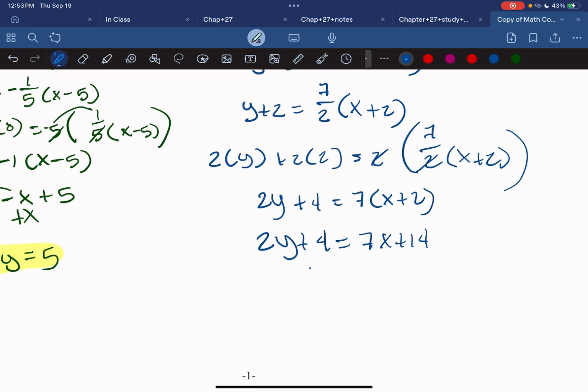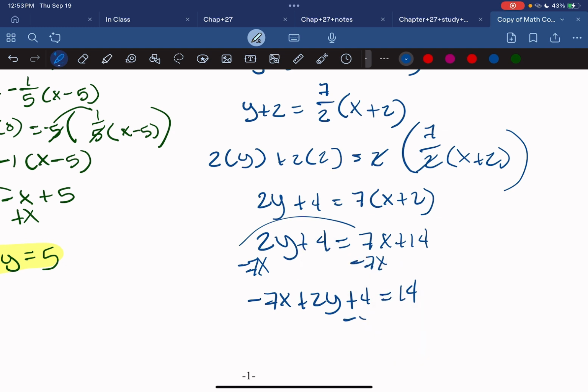It's asking for standard form. We can subtract the 4, or we can move the 7 now. We subtracted the other side on the last one, so let's move the 7 first now. So minus 7x minus 7x, or you can just move it and change the sign. So negative 7x plus 2y plus 4 equals positive 14.